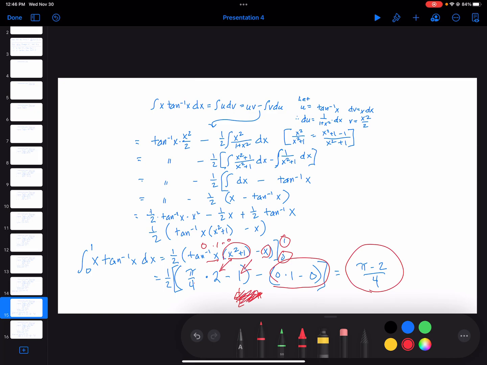Oh yeah, so it would be 1/2 times, this would be pi over 2. That becomes pi over 2 minus 1, and that becomes 1/2 times pi minus 2 over 2 equals pi minus 2 over 4. There you go.